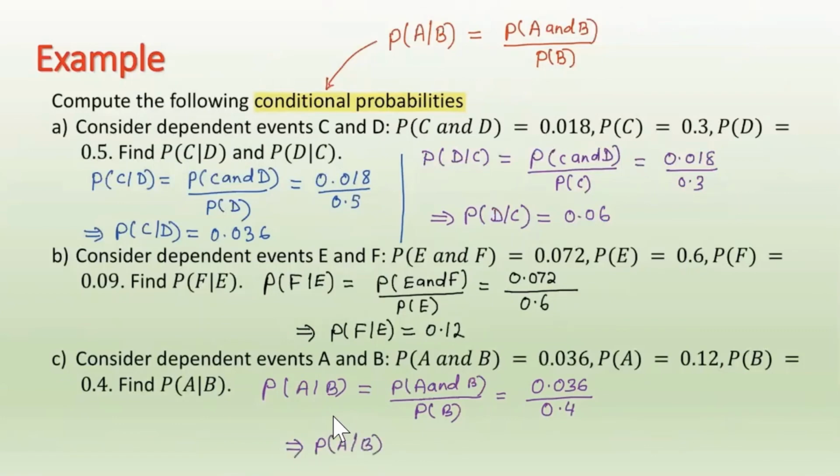What is probability of A given B? 0.036 divided by 0.4 is equal to 0.09. Very good. So that is the conditional probability A given B. And this is the last example for today.